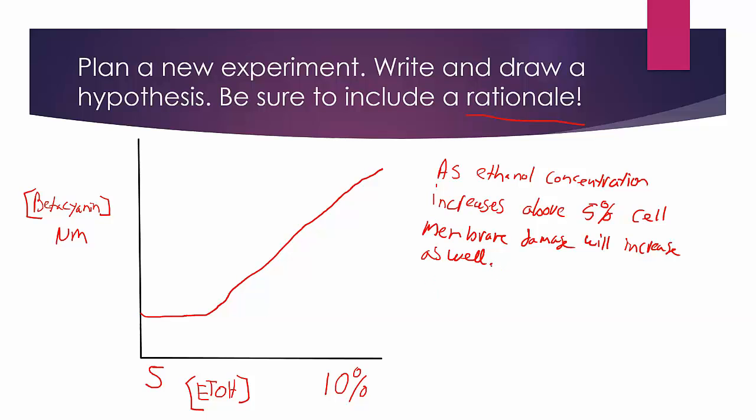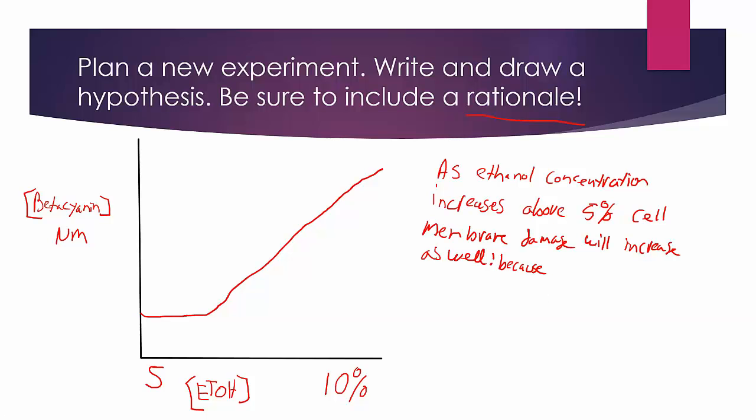But the rationale would be, instead of ending this sentence here, you might be putting in a because. Why is that prediction what it is? So instead of ending the sentence, we might continue that sentence: because as ethanol concentrations increase beyond 5%, which beets seem to be tolerant to, then proteins will be denatured.